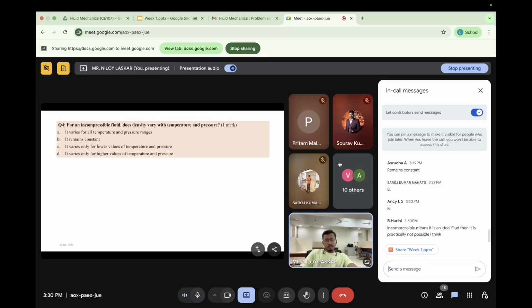There is some variation in density too, but that variation is negligible. Like in limits, you have studied x tends to 0. That means we are considering the value of x as 0, though not exactly 0; it is near about, like 0.001. So that effect we are ignoring.